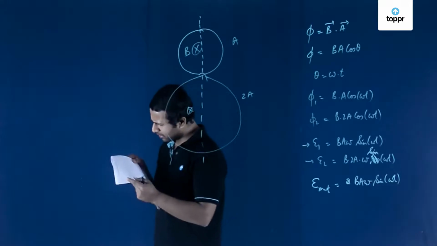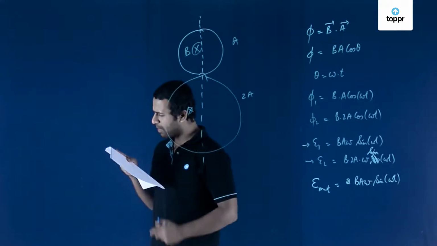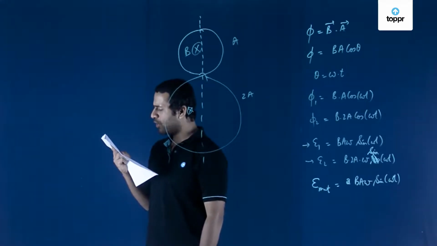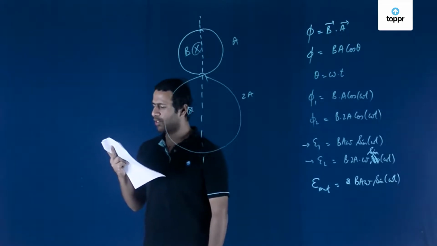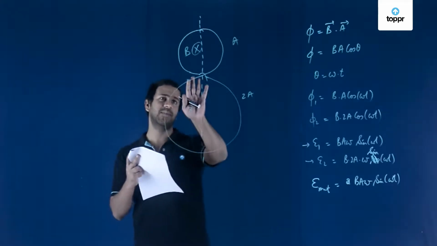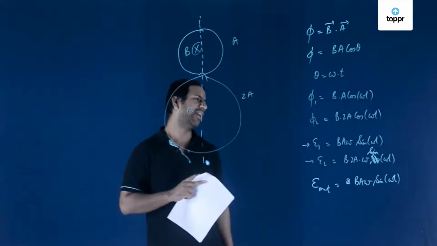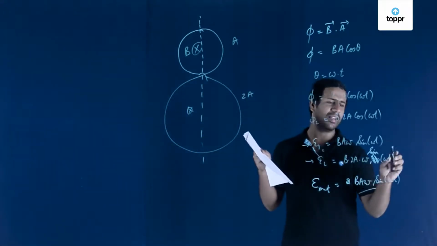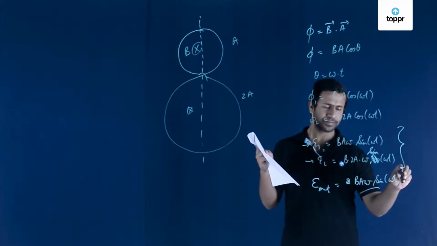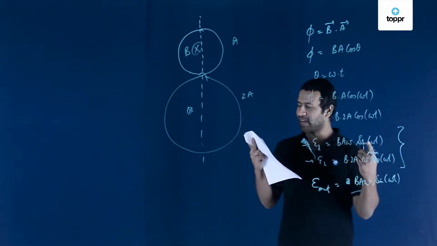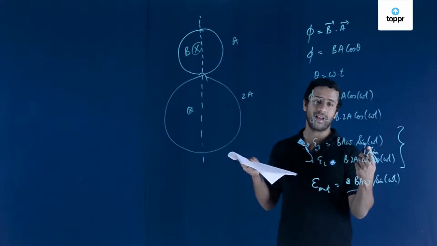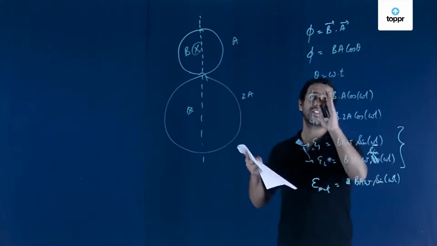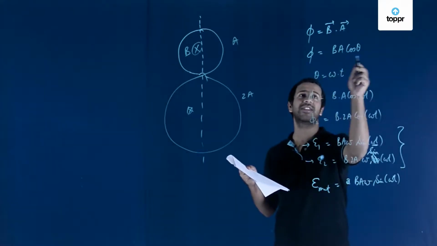Then we have option B, that rate of change of flux is maximum when the plane of the loop is perpendicular to the plane of the paper, meaning it has turned by 90 degrees. So we are talking about the rate of change of flux, meaning the induced EMF. So sine 90 is 1. Of course, let's look at this expression.